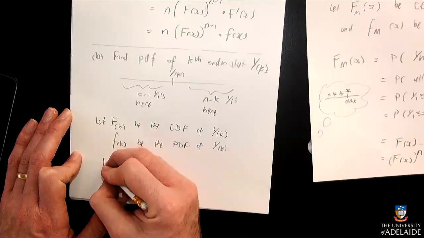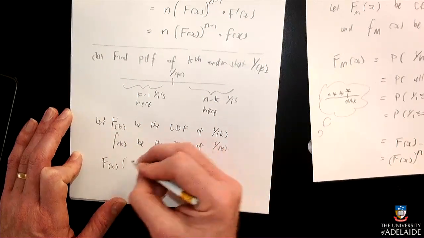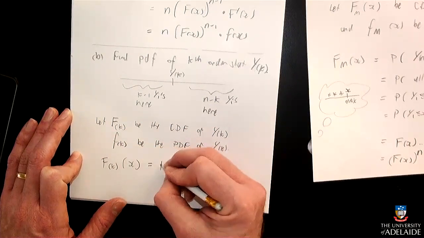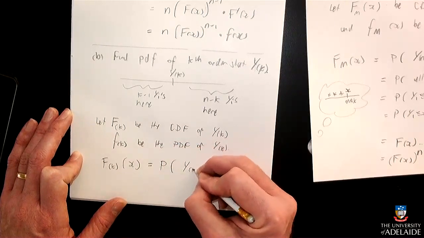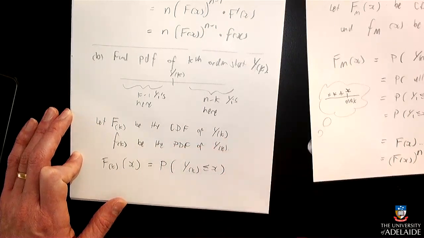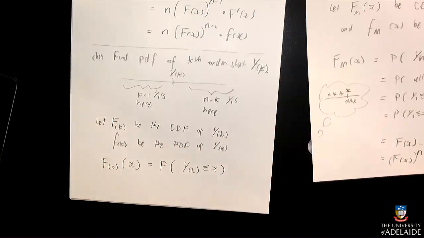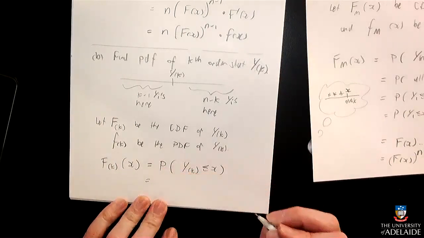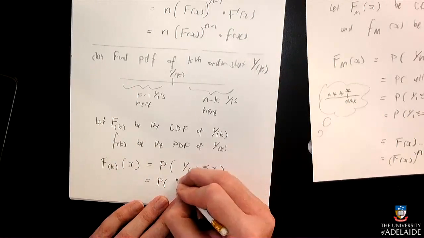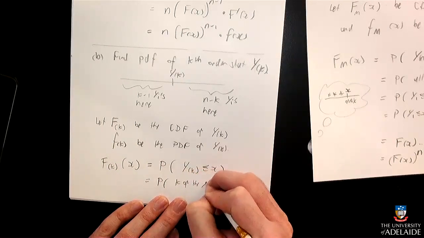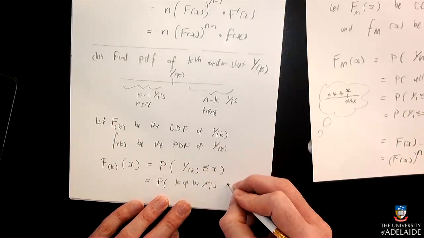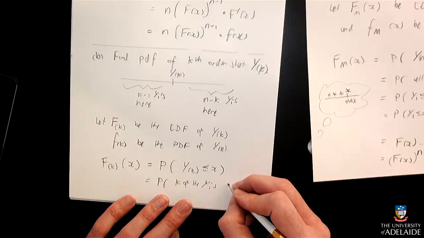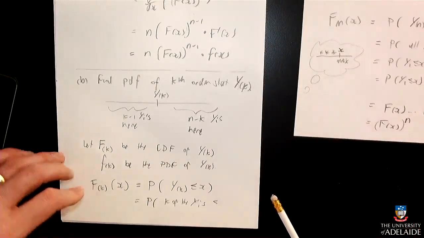So it seems to me that F bracket k of a particular value x would be the probability that Y bracket k is less than or equal to x, which would be the probability that k of the yi's are less than x. Oh crap, this is hard, isn't it?